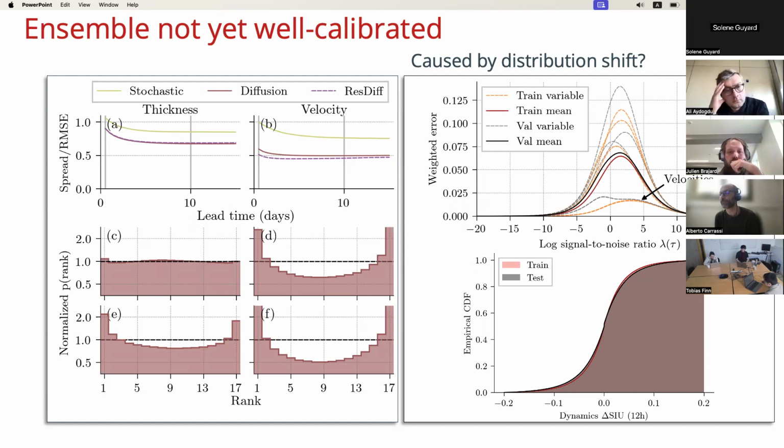However, what I've seen is that here I show the spread skill ratio for the CS thickness and for the CS velocity. Forget about this yellow line. Just concentrate on the diffusion line here. We can see that for the CS thickness, the spread skill ratio is quite good initially, and then it gets worse.